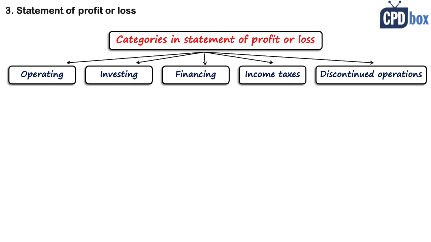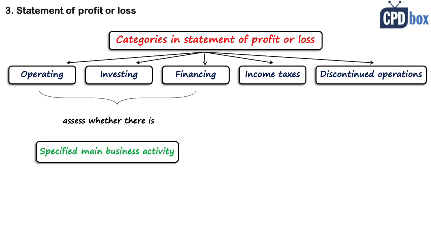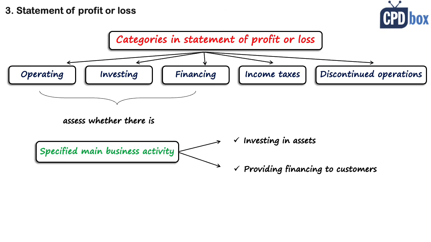So before we speak about what goes where in general, there are exceptions. For the first 3 categories, we need to assess whether the entity has a specified main business activity. And that could either be investing in some type of assets, that would be, for example, an investment fund, or providing financing to customers, for example, banks.